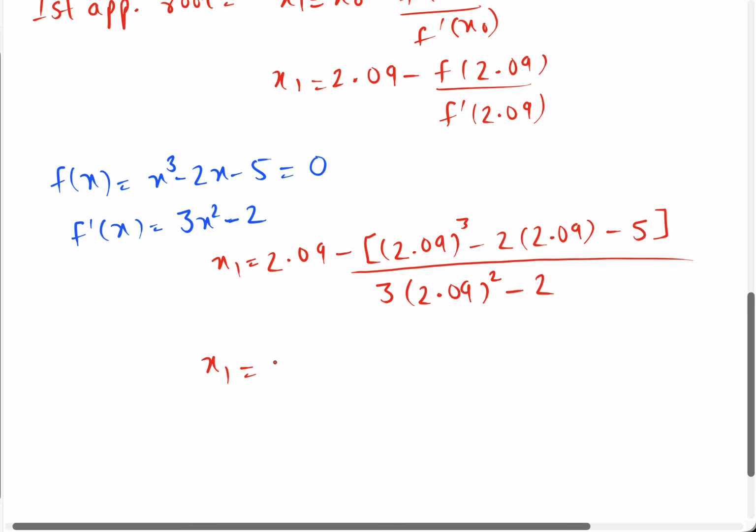So what will be x1? 2.09 minus, I'm going to use the calculator. 2.09 cubed minus 2 times 2.09 minus 5 is negative 0.050671, upon 3 into 2.09 squared minus 2.